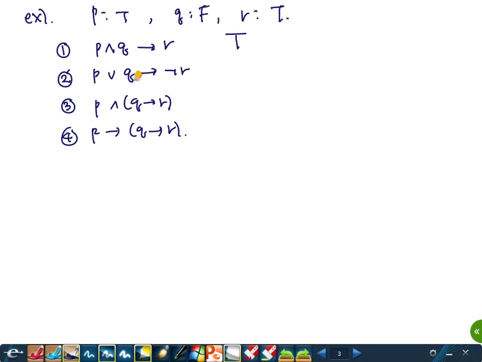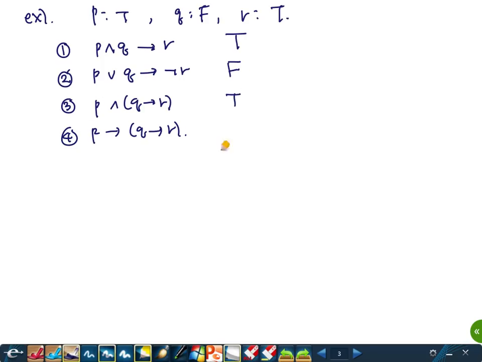What about this? True and true, or false? False. If true, then false, so it will be false. And yeah, we need to determine this first. What is the truth value of this? True, because if false, then something is always true.